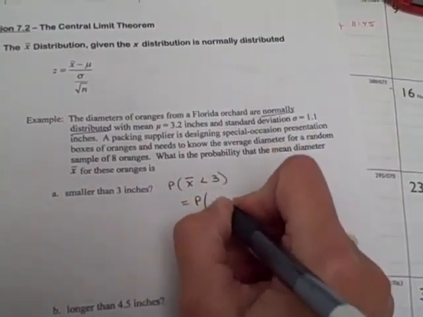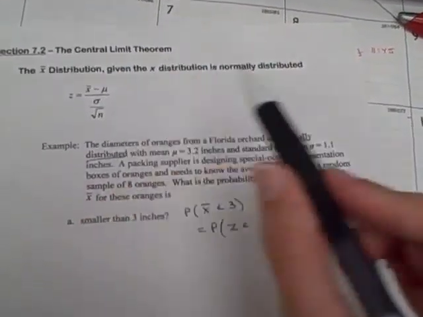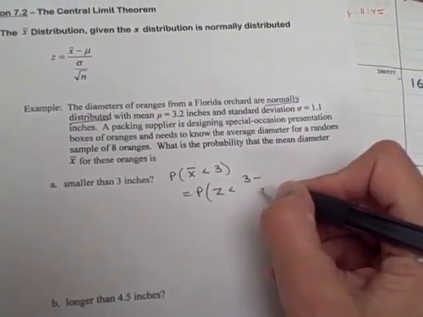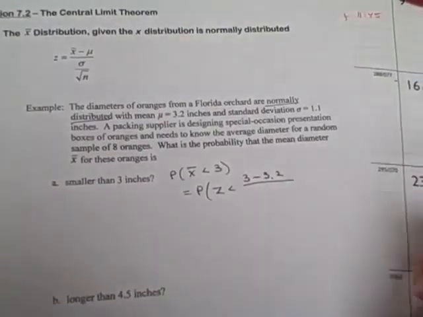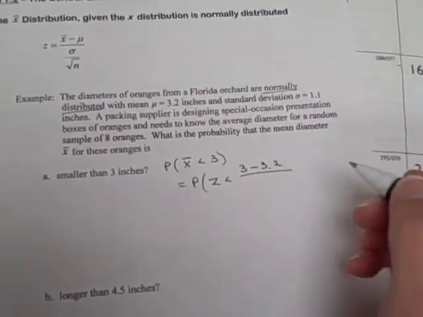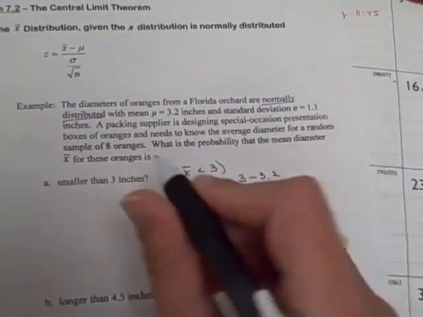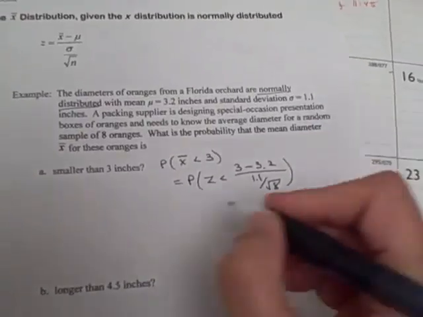This equals the probability that z is less than x bar minus mu, so 3 minus 3.2, over sigma divided by the square root of n. So sigma is 1.1 divided by the square root of our 8 oranges.